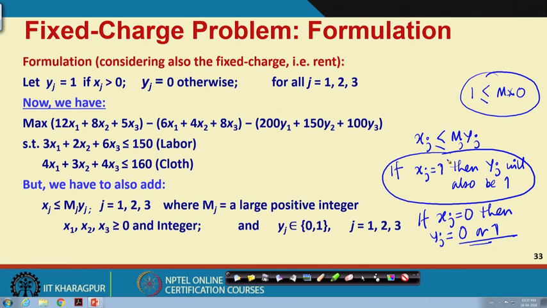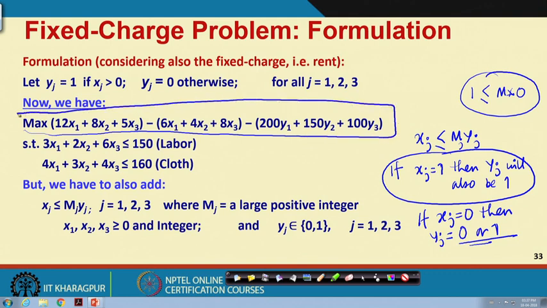The interesting thing is that we have an objective function which is maximizing. Now, in this function, if y1 is 0, what will be the functional value, and if y1 equals 1, what will be the functional value?